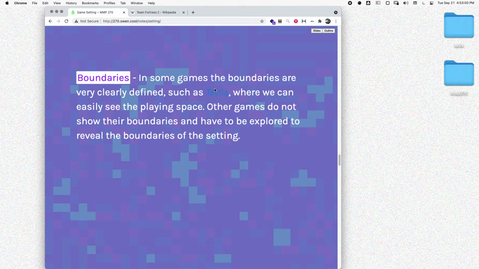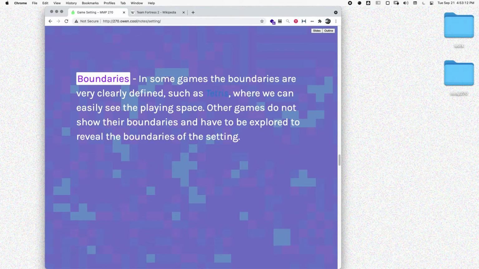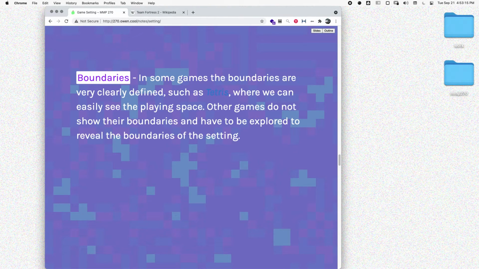In some games that might be part of the experience. I know in Red Dead Redemption there's a lot of walking through spaces. So that might be part of the game experience, but that's a choice we make as a designer, not something where we forget to draw the boundary. So we do want to think about what the boundaries of our setting are.